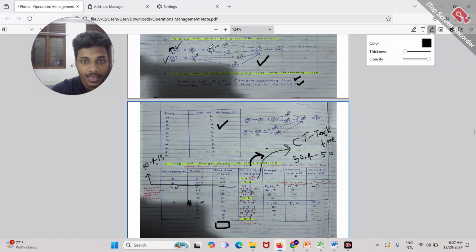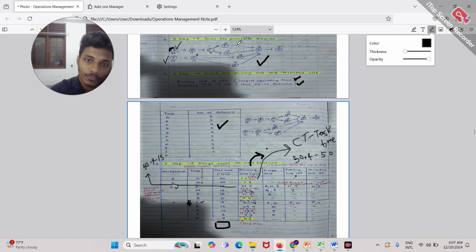And task time is 9, and 50.4 minus 9, 41.4. This is the remaining time, right? 41.4. You can allocate another individual task as well, right? So F and G have the same number of followers and the same operating time, therefore you can pick anyone, right?